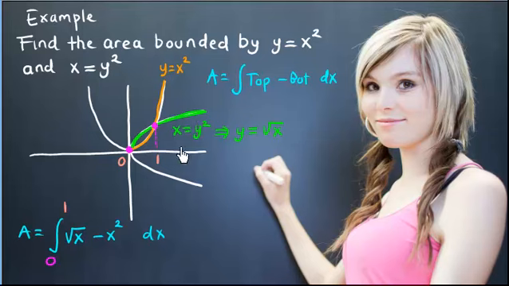Now if we look at again our picture here, notice that we can also consider the orange one as the right graph. So we can consider this as the right graph, and then the green one as the left one.